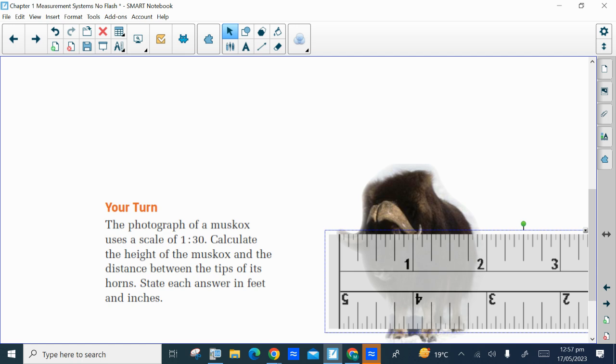So it's between 1 and 2 inches. So to find out how many 16ths of an inch, this is 1 here, it's 1/16, 2/16. There's only 2 tick marks past 1 to get the edge of the horn to the right. So that is 1 and 2/16 of an inch wide.